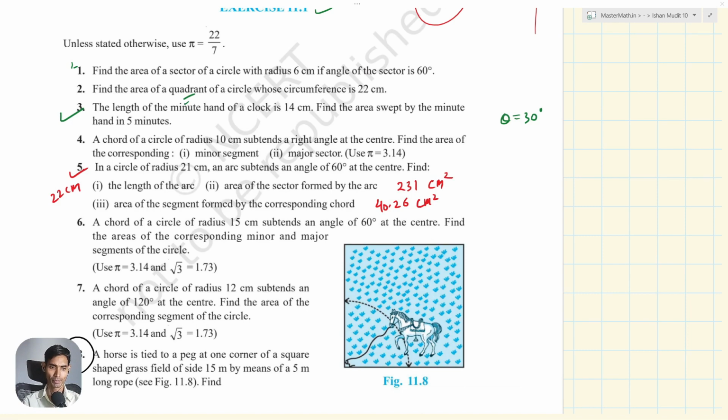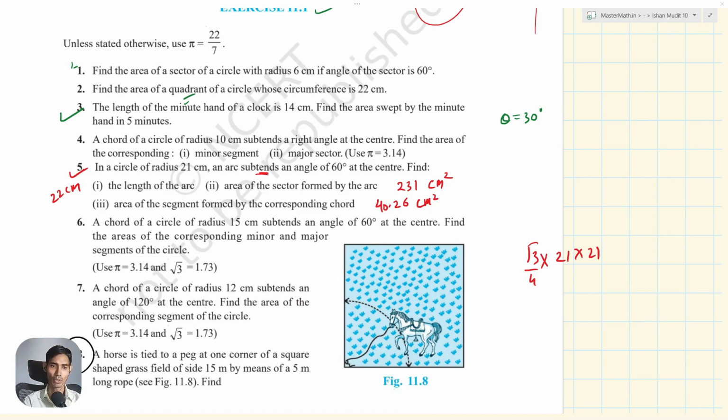What was your area of segment? Or the equilateral triangle's area? It happens to be an equilateral triangle. Yes, sir. So it's 3 root by 4 into a square. And if you take pi, so it's 231 minus root 3 by 4 into 21 square.